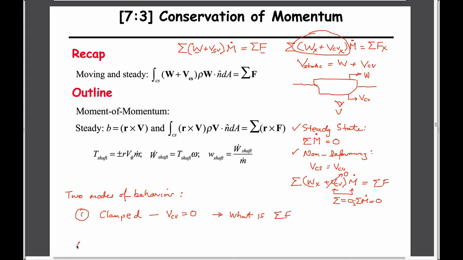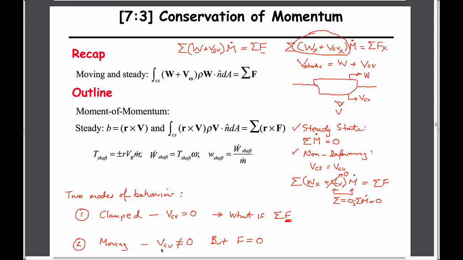The second case would be moving. And so the velocity of the control volume is not equal to 0, but force is equal to 0. So you let it do its thing, it goes wherever it goes, and you solve for the velocity. So in one case, we solve for the forces that are applied.